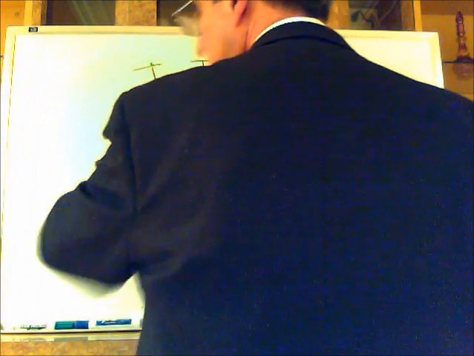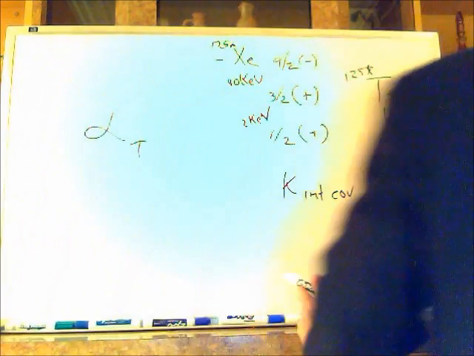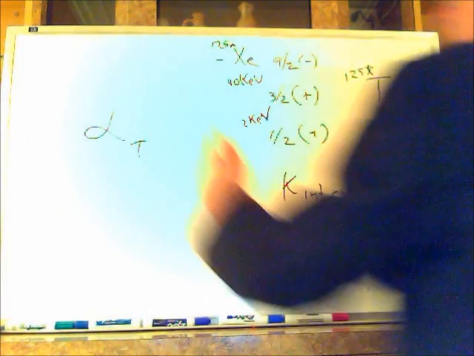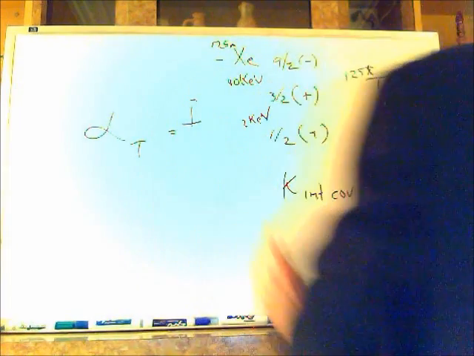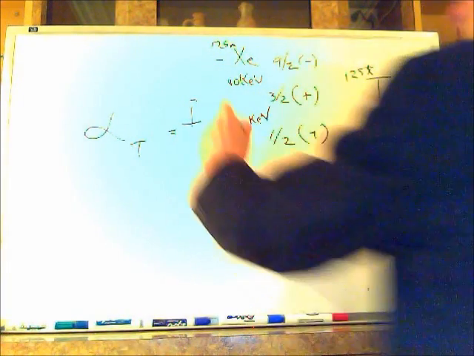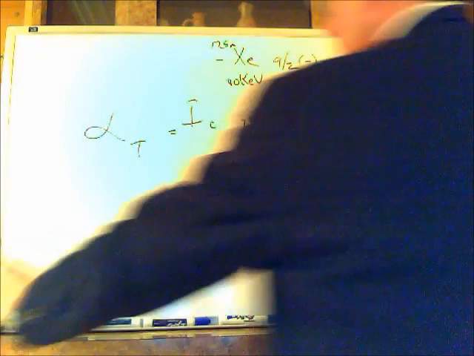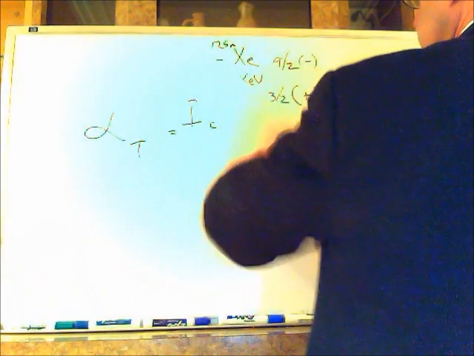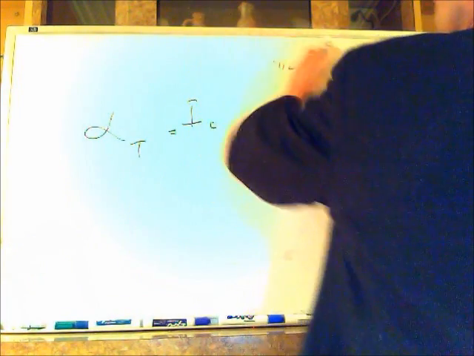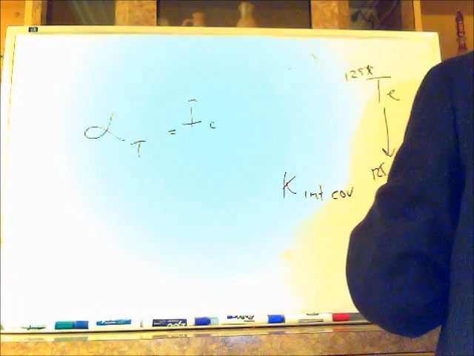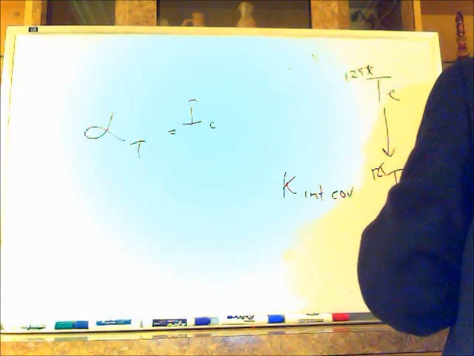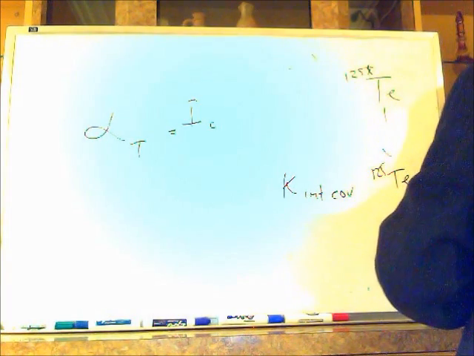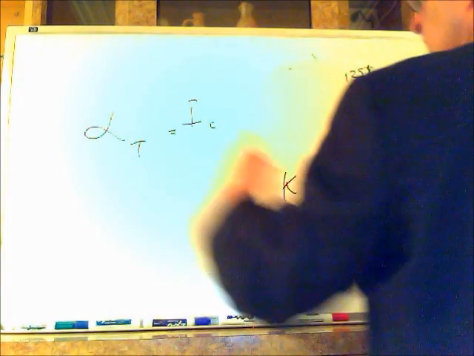Alpha sub t is going to be equal to I sub c, which is the number of conversion electrons that we've got, divided by I sub t.